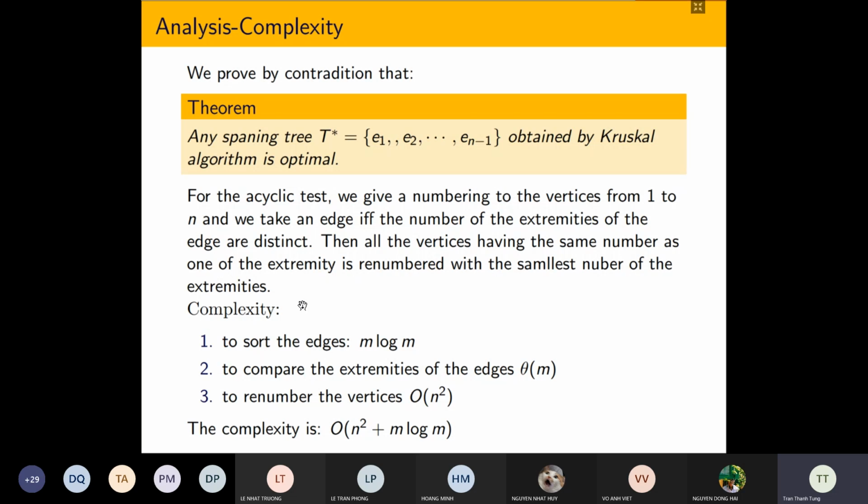We have the sorting algorithm, maybe the best one, like merge sort or quick sort, which takes n log n. Then we have n steps comparing extremities, and renumbering vertices takes time, because in the worst case we have to renumber every vertex once. So that is roughly n squared. That is one algorithm, and you see this is not really a good one somehow.